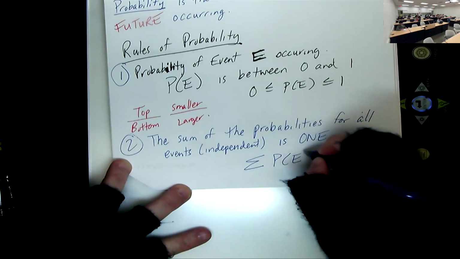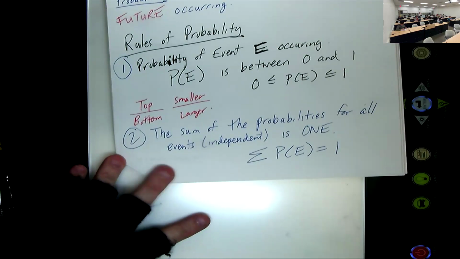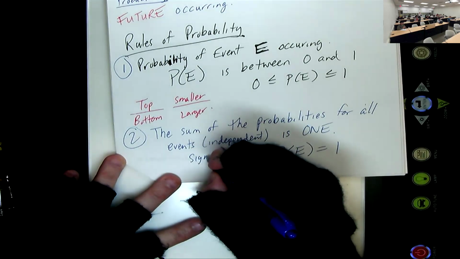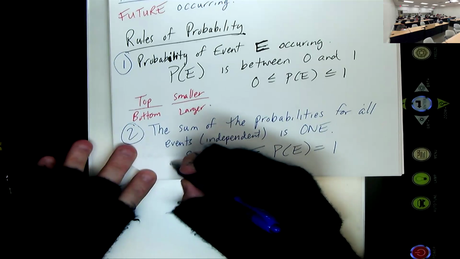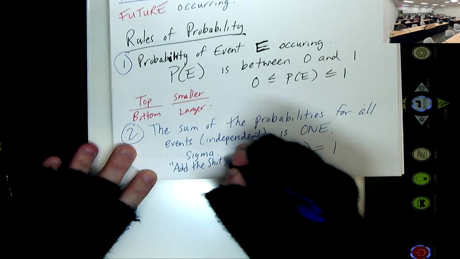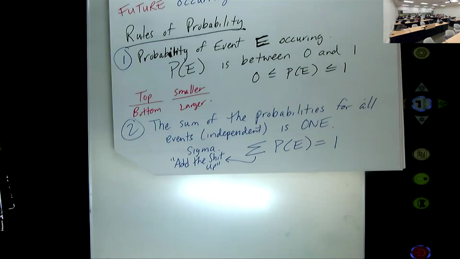The sum of the probability of E equals 1. I think I told you this before, that is capital sigma, and it means add it all up. So add up each probability.